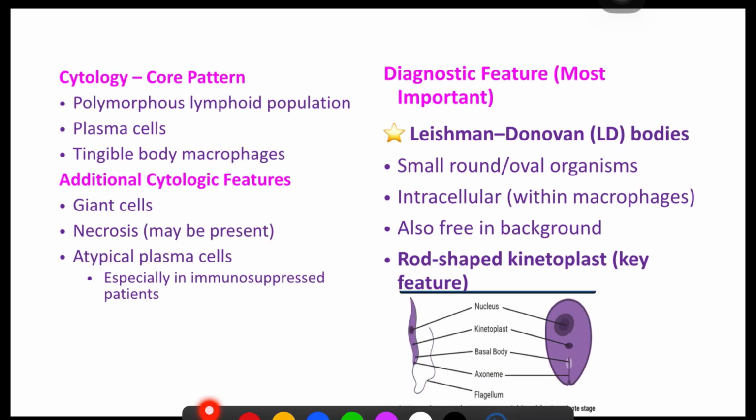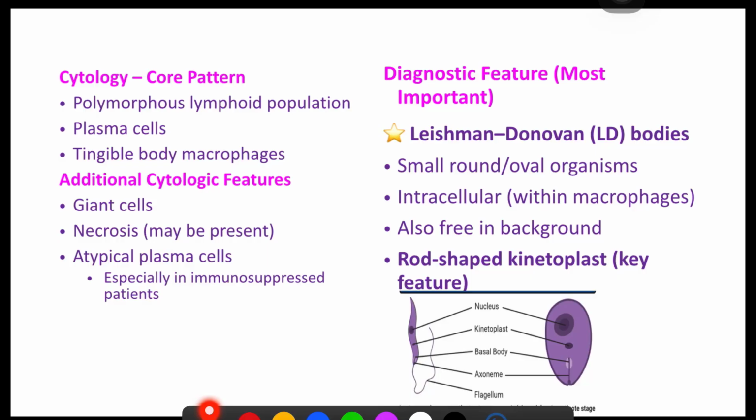Cytologically, there is a polymorphous population with plasma cells and tingible bodies, but additional features are giant cells, and necrosis may be present. Atypical plasma cells are present in immunosuppressed patients, and the most important diagnostic feature is LD bodies, that is Leishman-Donovan bodies. They are small round oval organisms intracellularly within macrophages, also free in the background, and a rod-shaped kinetoplast is seen.